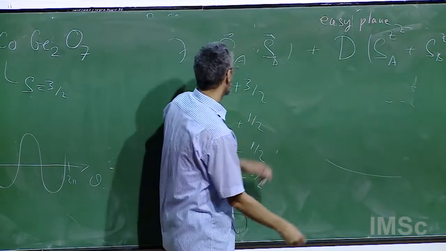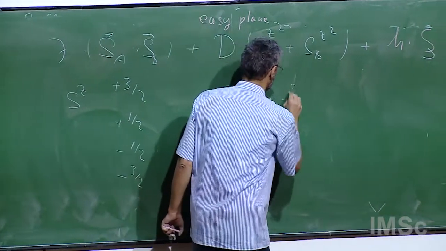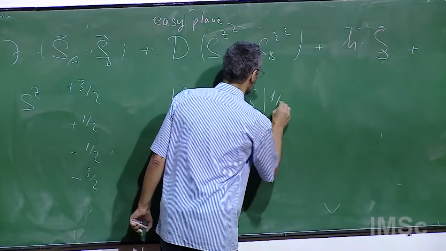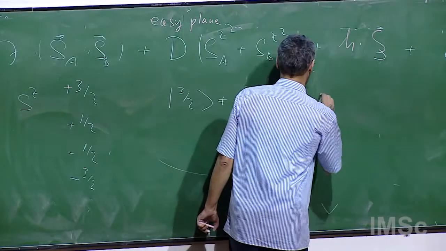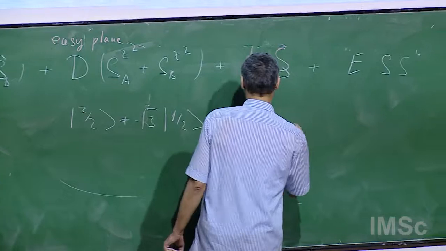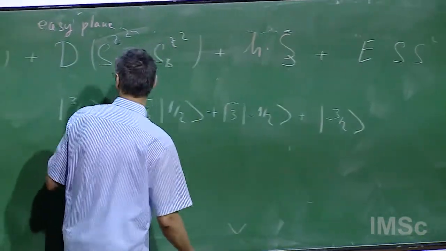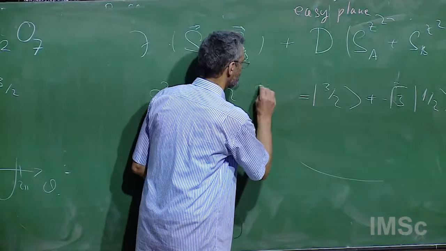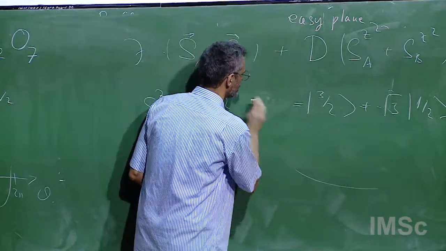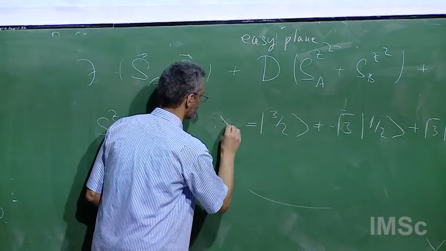If we do that, what we get is the following: a 3/2 component plus square root of 3 times the 1/2 component plus square root of 3 times the minus 1/2 component plus the minus 3/2 component. So this is a spin that is pointing in the direction of the x-axis.